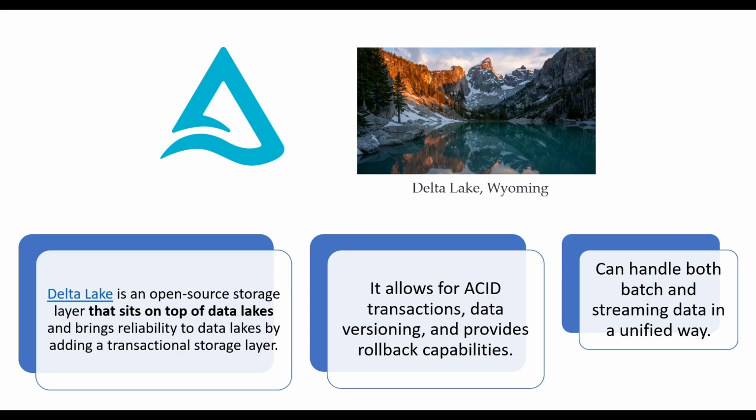It supports ACID transactions, meaning that we can have better data quality. It supports data versioning and provides rollback capabilities. And last but not least, it can handle both batch and streaming data in a unified way, which is very important in a modern data landscape.